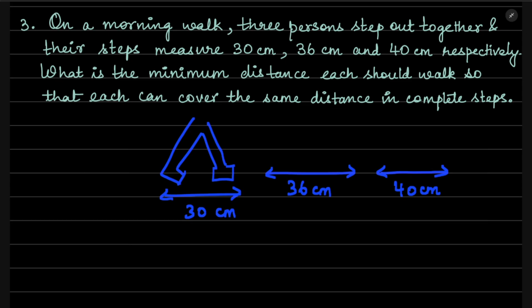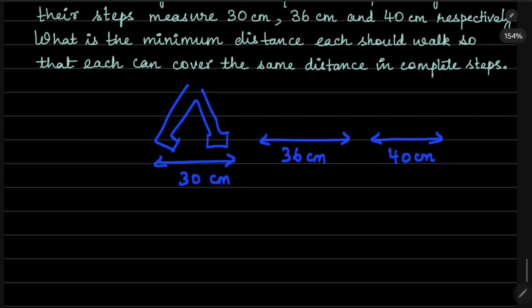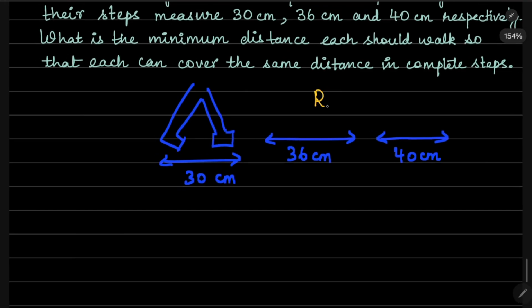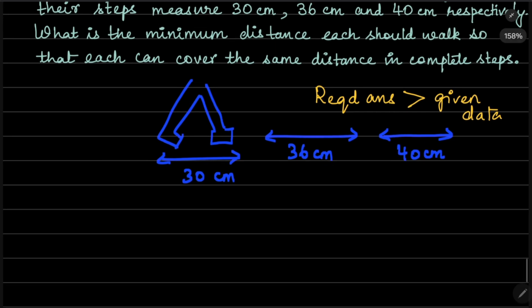That's not possible. So whatever is the required answer, it is definitely a greater value. So the required answer is much greater than the given data. And whenever your required answer is bigger than the given data, then it is an LCM problem. So you have to find the LCM of 30, 36 and 40.